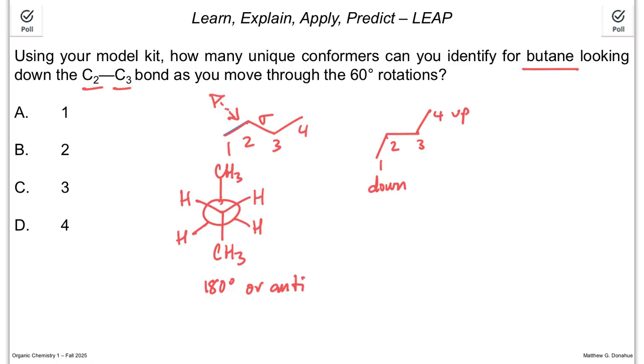Maybe take a minute or two to think about it: if you keep the back carbon the same and rotate the front, how many unique conformers can you come up with? Or just page ahead on the slides and you'll see the answer. You're going to keep the back the same and then rotate the front.